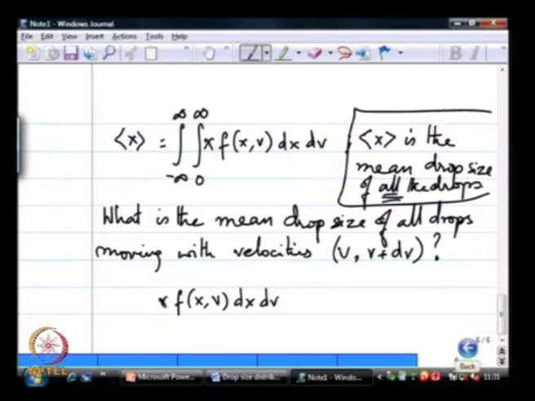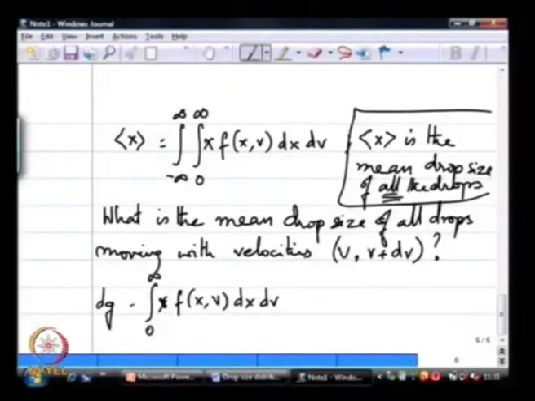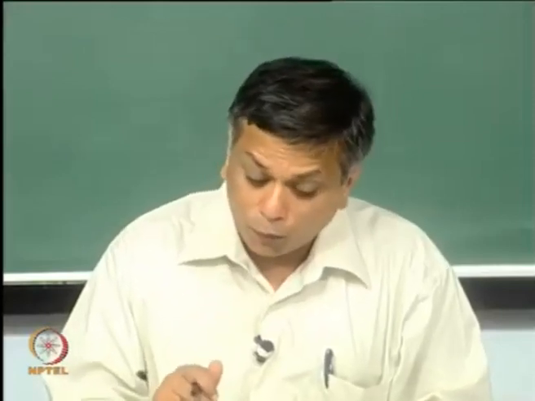So, if x is the size, then the probability multiplied by the size added over all the limit gives me a differential probability of all the drops in the range x to x plus dx, but having velocities v to v plus dv.